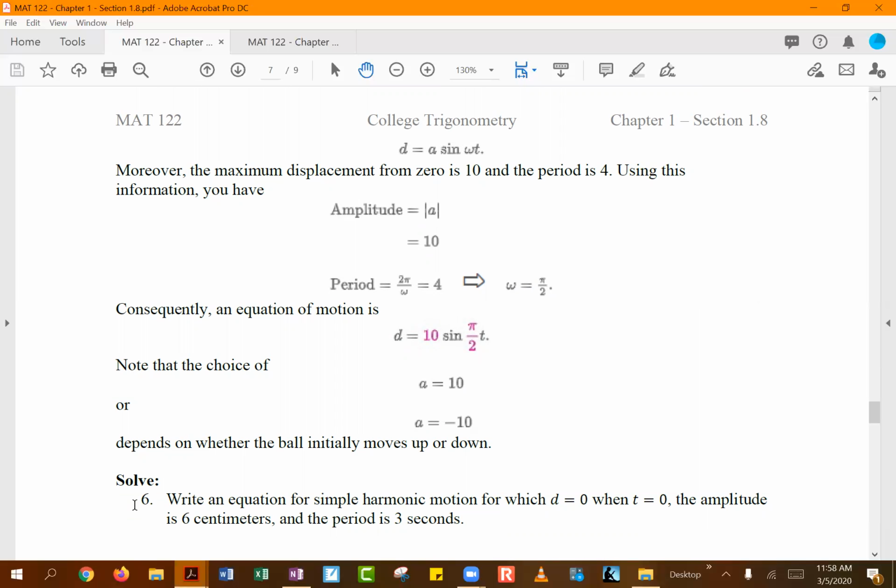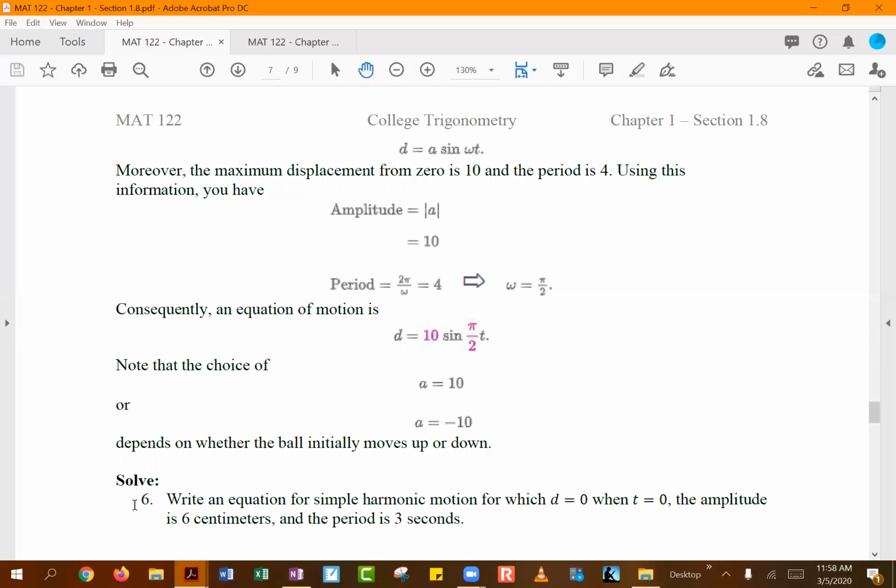They're telling us the period is 4. So remember, that's the period, not the omega value. You have to calculate the omega based on this 2 pi over omega. So same thing, you're basically going to interchange the places of 4 and omega. 2 pi divided by 4 will give you pi halves.